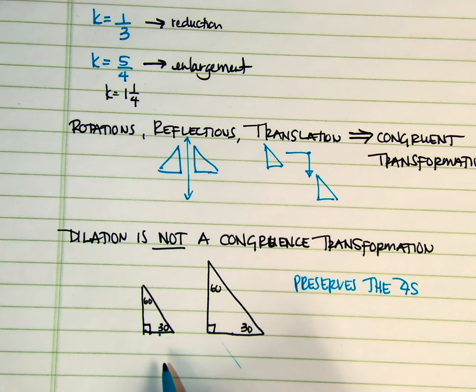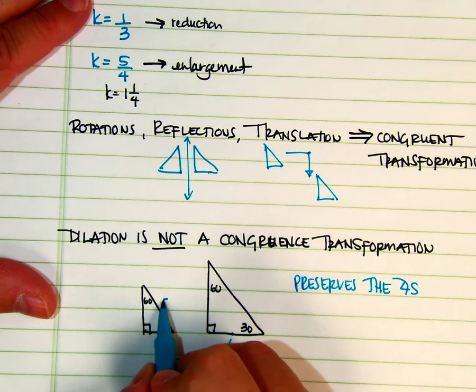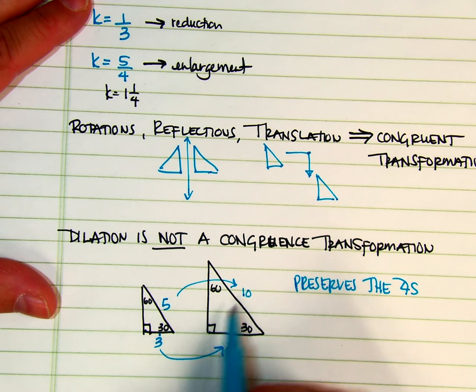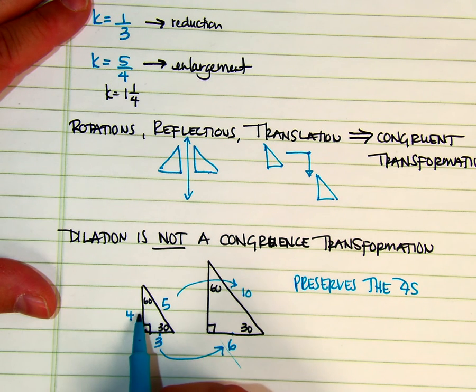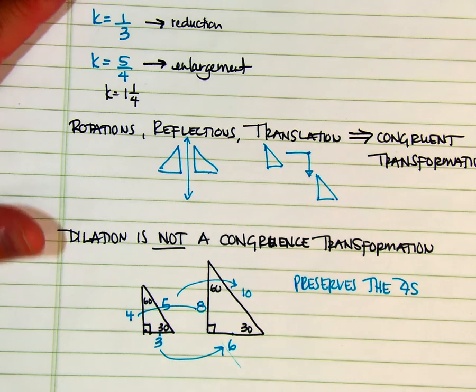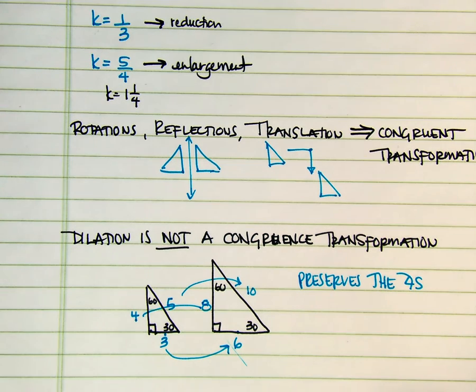For example, if this had a scale factor of, say, 2, so this would be 3, this is going to be 2 times it, which would be 6. If this were 5, this would be 2 times it, which would be 10. And if this were a 4, this would be 2 times it, which is an 8. So it does preserve the angles, and the scale factor is seen on the sides.